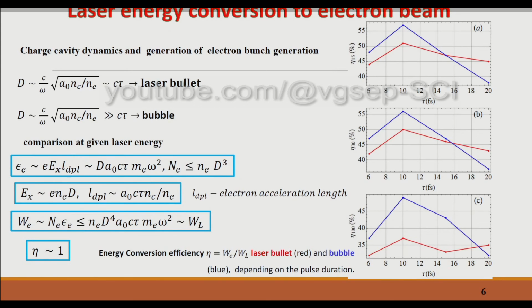For the cases we have studied, we get the real dependence on the pulse duration of the coefficient of conversion for electrons with a cutoff starting from 15 mega electron volts, and the second one is related to 30 mega electron volts.